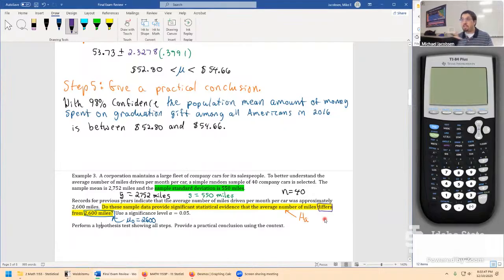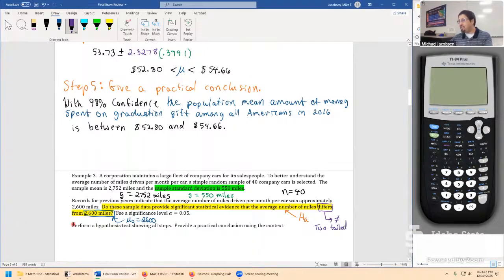Something would have to tell you in the problem very specifically, test if it's less than, we have evidence it's less than 2,600, or evidence that's greater than 2,600. Just the sample being larger didn't give us that direction. Here, they're asking for the two-tailed test. So differs means not equals, so two-tailed.